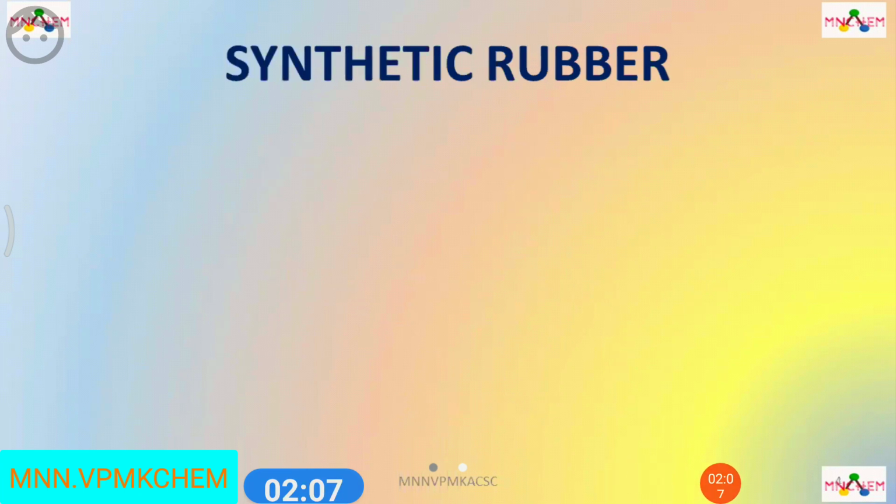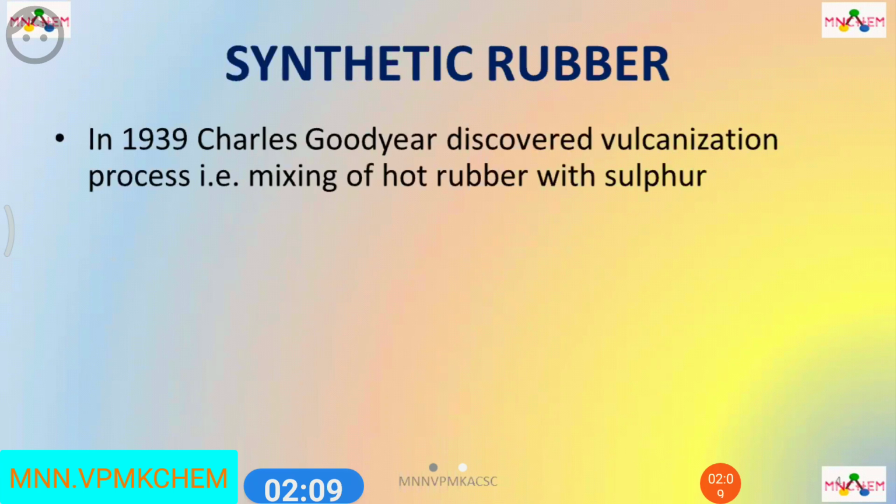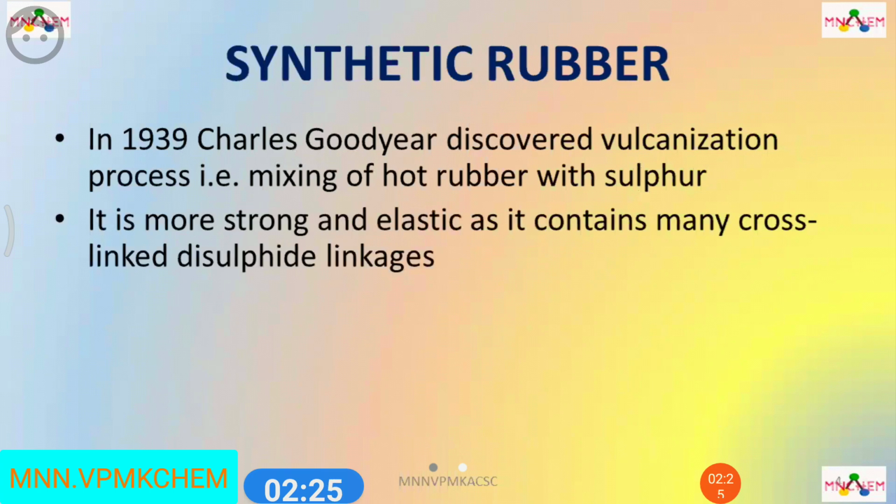Next is synthetic rubber. In 1939, Charles Goodyear discovered the vulcanization process. What is the process? In this, the hot natural rubber exudate obtained from the tree is mixed with sulfur. Because of this vulcanization process, the rubber becomes stronger and more elastic, and that is contributed by the cross-linking of disulfides in the rubber.